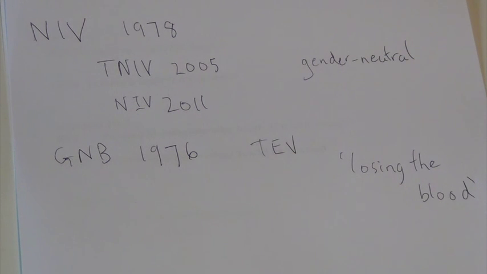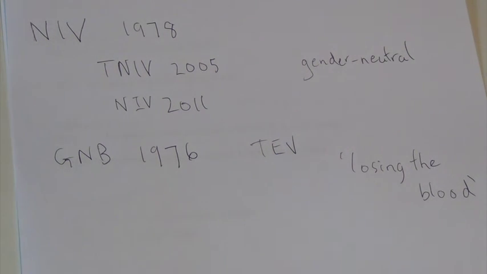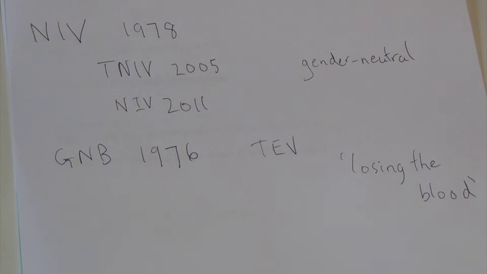But the NIV used the word blood, and it's like the King James Bible in its Bible English sense, which is different from its normal English sense. So that's why the Good News Bible couldn't use the word blood in some cases where it actually meant sacrificial death, because the Good News Bible is a translation into normal English.